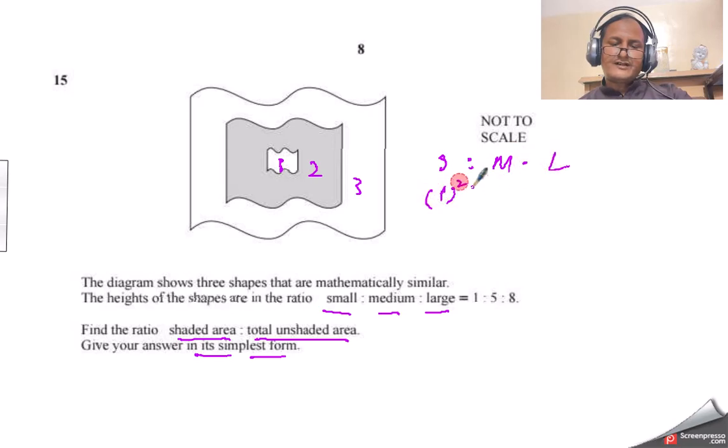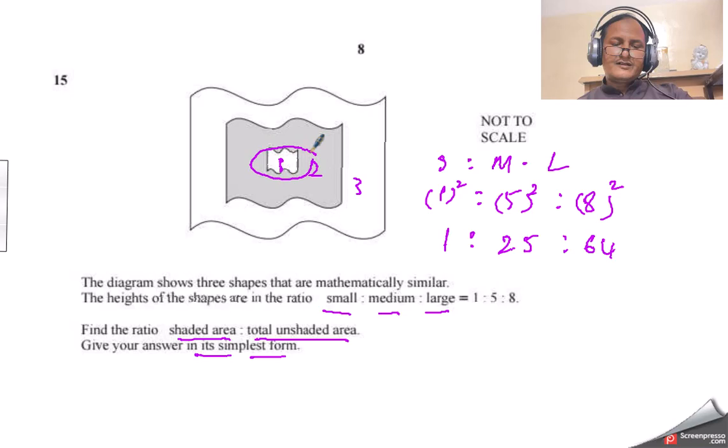We find the area: medium is 5 squared, and the large is 8 squared. The area of the small is 1, the area of the medium is 25, the area of the large is 64. Now if we check the medium, the shaded one is basically the small inside the medium. If we subtract the small from the medium, it gives us 25 minus 1, which is 24.